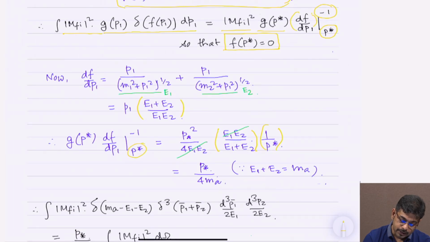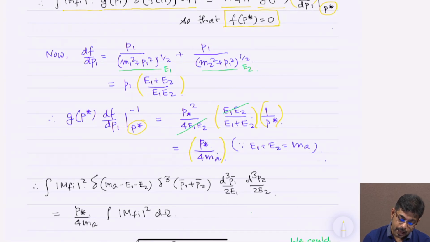So, therefore, this E1E2 cancels, one of the p* cancels, and what we are left with is that this expression becomes p*/(4Ma), where I have also used the fact that E1 plus E2 is actually Ma from the delta function.